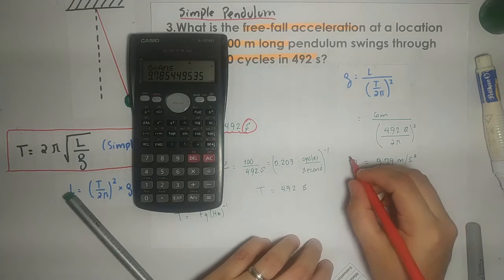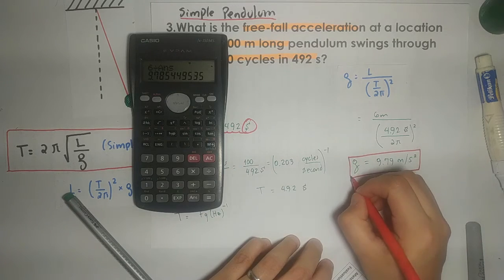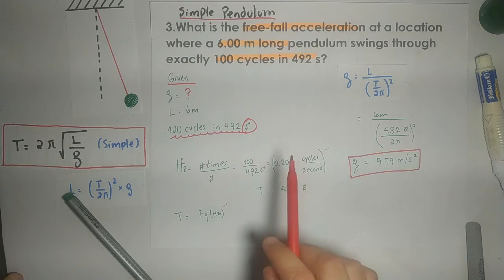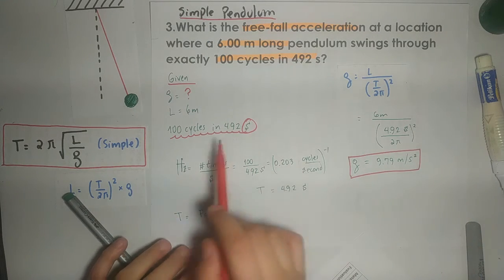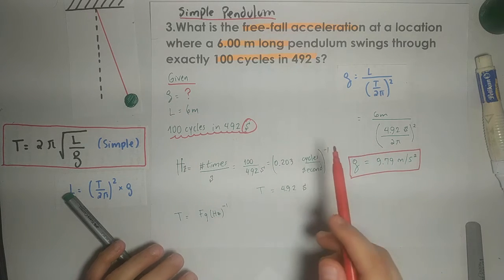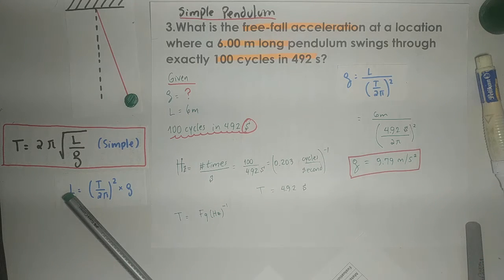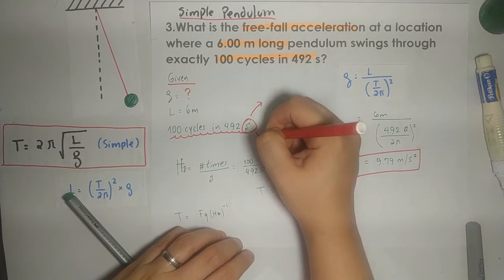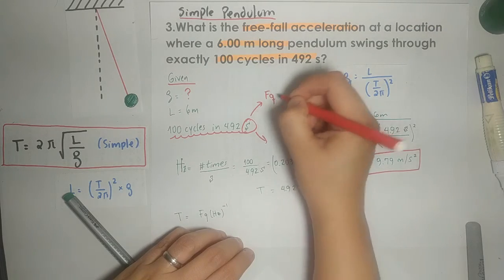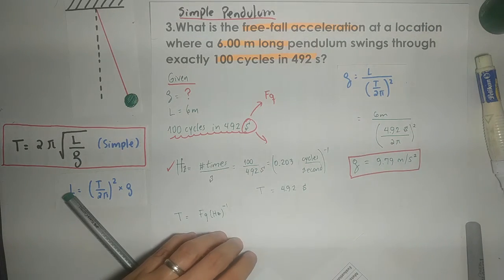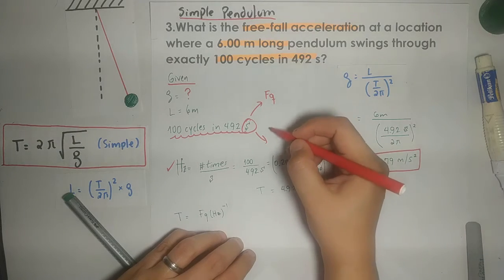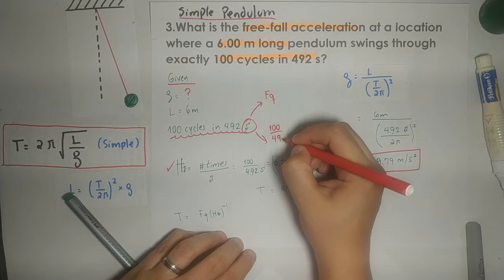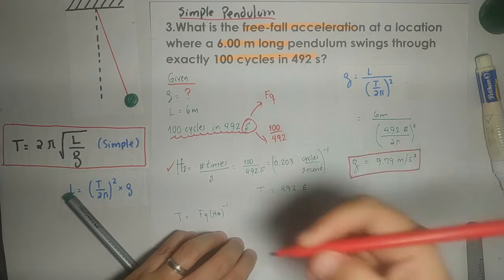And that's it, guys. Now let's review this exercise because I think it's a little bit more complex. Taking out the givens is easy. Just this last part, 100 cycles in 492 seconds, talks about the period. You can do it in many ways. One with the frequency, which is the one that I did here, or you can just say 100 cycles per 492 seconds.